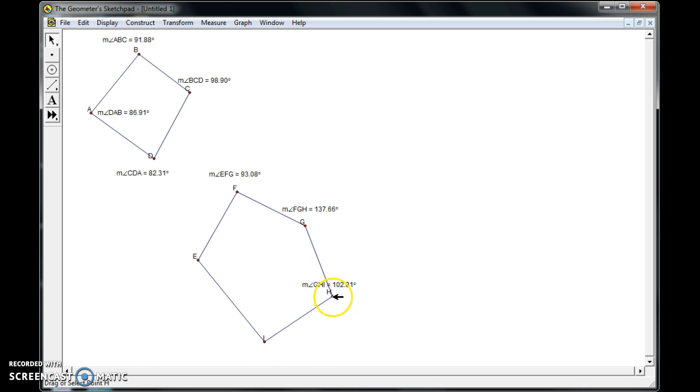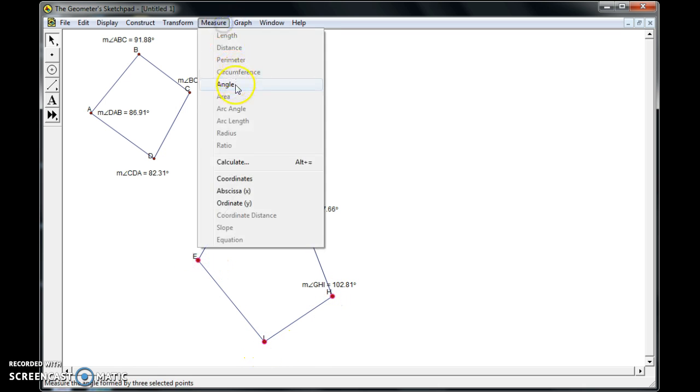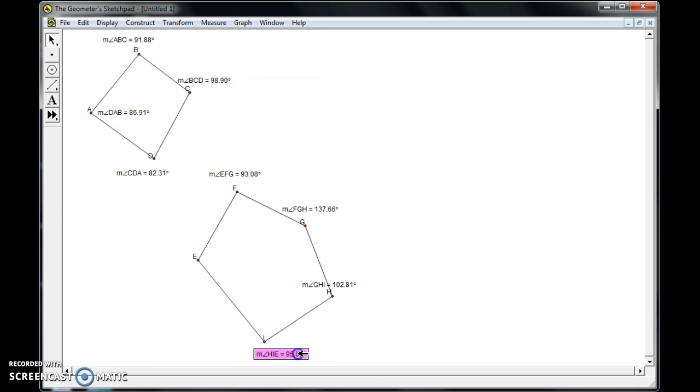Next, we have the measurement of angle HIE, and the measurement of that angle is 95.08. And last angle on this shape is going to be IEF, and the measure of that angle is 111.36.